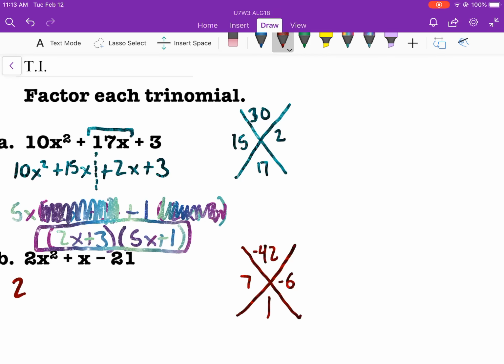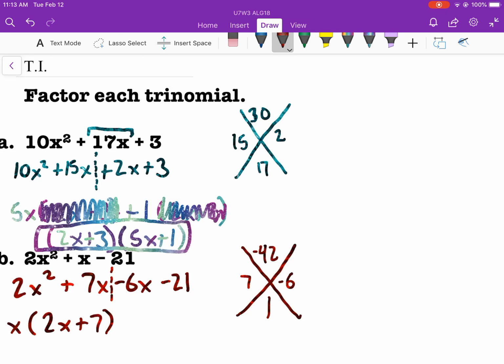So now we factor by grouping, or we rewrite first. 2x squared plus 7x minus 6x minus 21. Draw a line down the middle. And there is no GCF. Well, there's an x on the left, so we can say 2x plus 7.